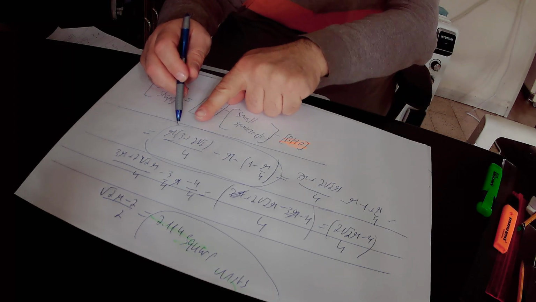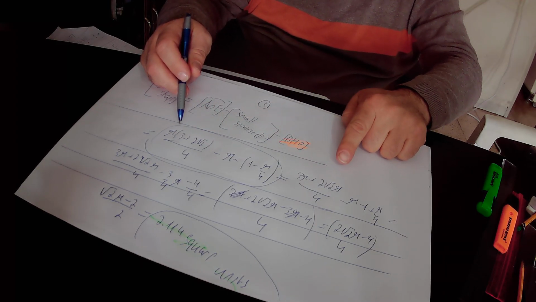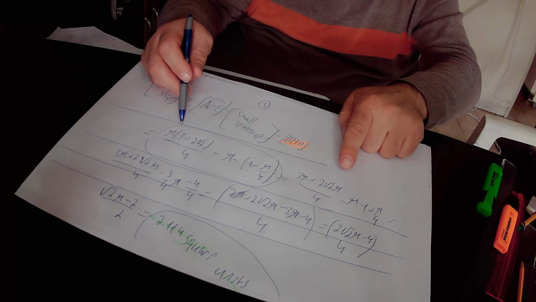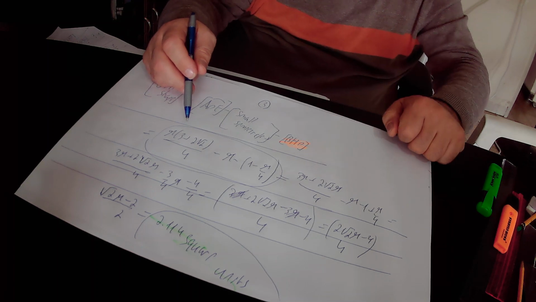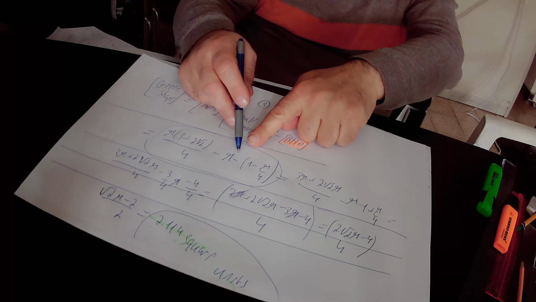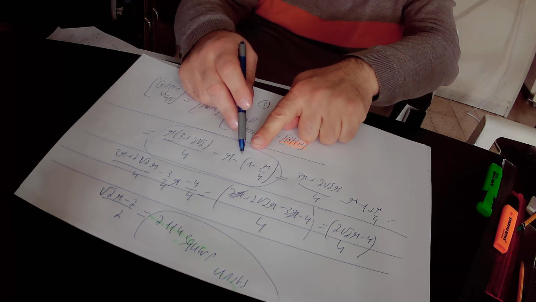We have here pi times 3 is 3 pi, and pi times 2 times square root of 2 is 2 times square root of 2 times pi over 4, and we have here minus pi. And we have a minus before the brackets.